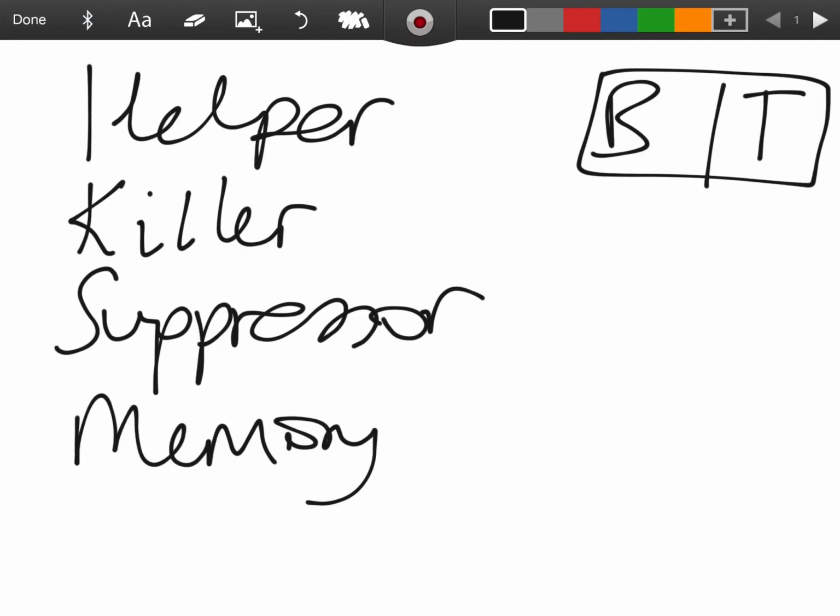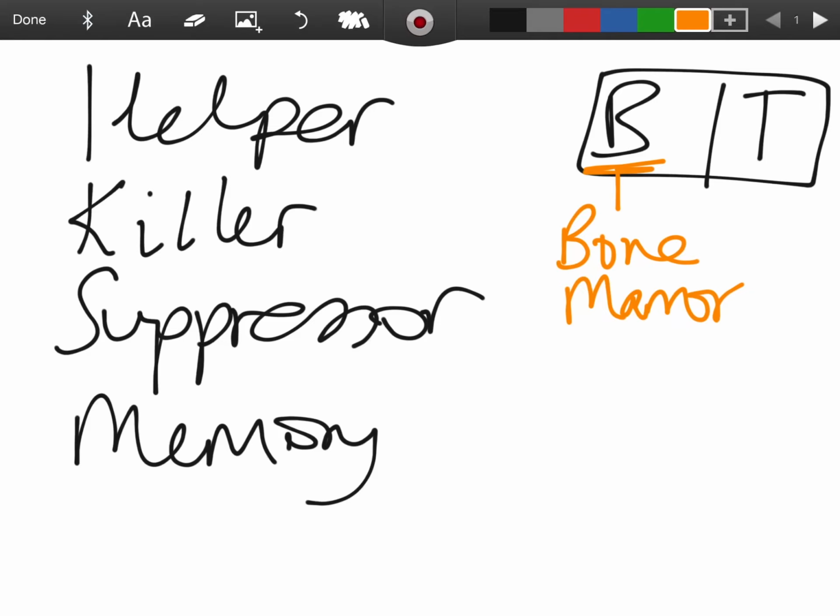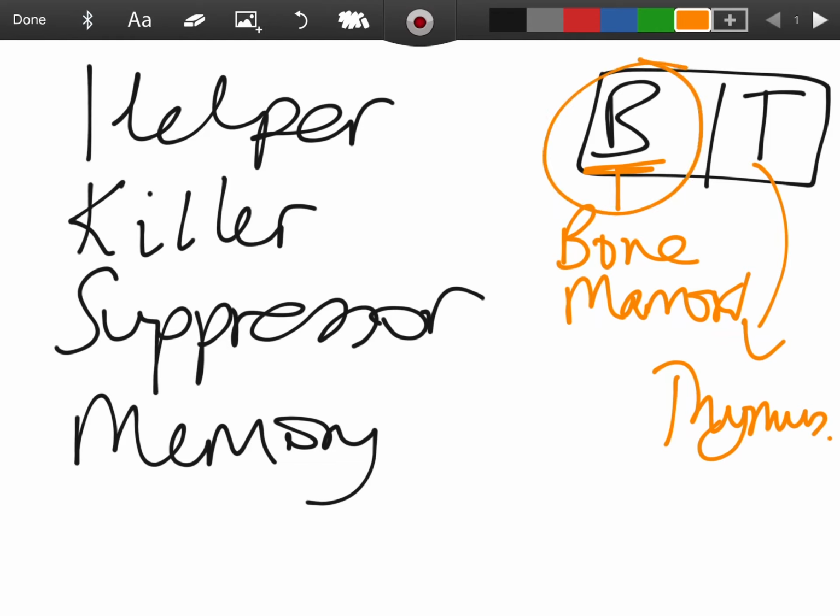They both have large nuclei. They are both produced in the bone marrow. But the difference is that the B lymphocytes also mature in the bone marrow, but the T lymphocytes mature in the thymus gland. The other difference is that the B lymphocytes can make antibodies, but the T lymphocytes cannot.